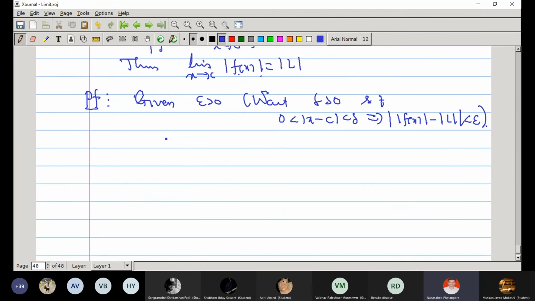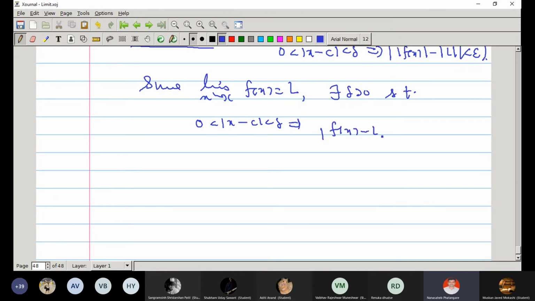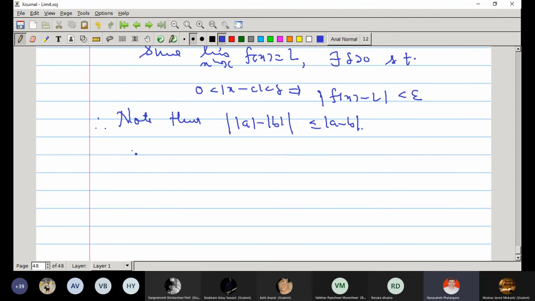And is it possible? Given epsilon, since the limit of f(x) is L, there exists delta such that whenever the distance of x from C is less than delta, then the distance of f(x) from L is less than epsilon, that we know. Note that the absolute value of A minus the absolute value of B is less than or equal to the absolute value of A minus B. This is the triangle inequality.